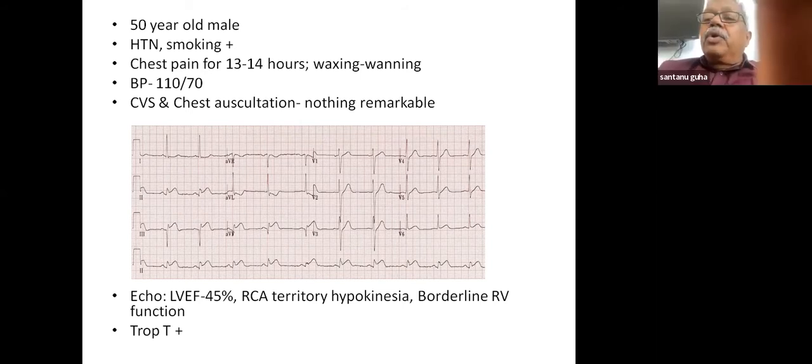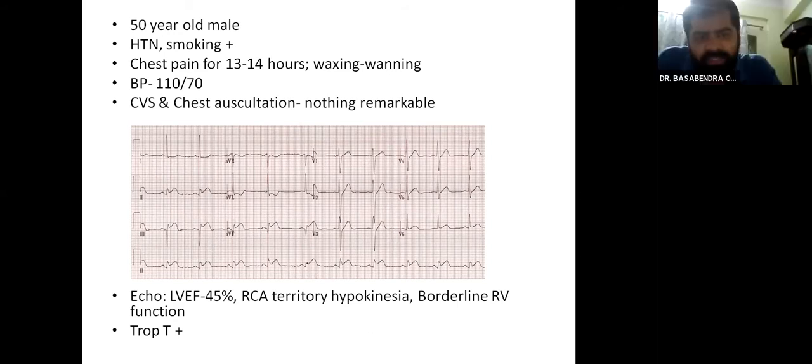Basha, one point here. Any evidence of RV involvement from the ECG? From the ECG, sir, definite RV involvement, telltale evidence, is not present. In V1, though the right-sided leads are absent, the ST segment is equivocal.